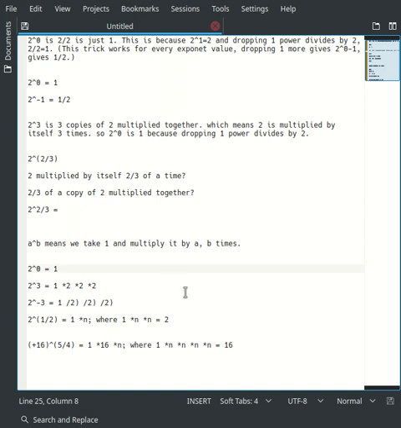Notably, this logic tells us nothing about 0 to the 0. So 0 to the first power, that's 0. But if we divide that by 0, well, now we have a problem. You can't evaluate that.